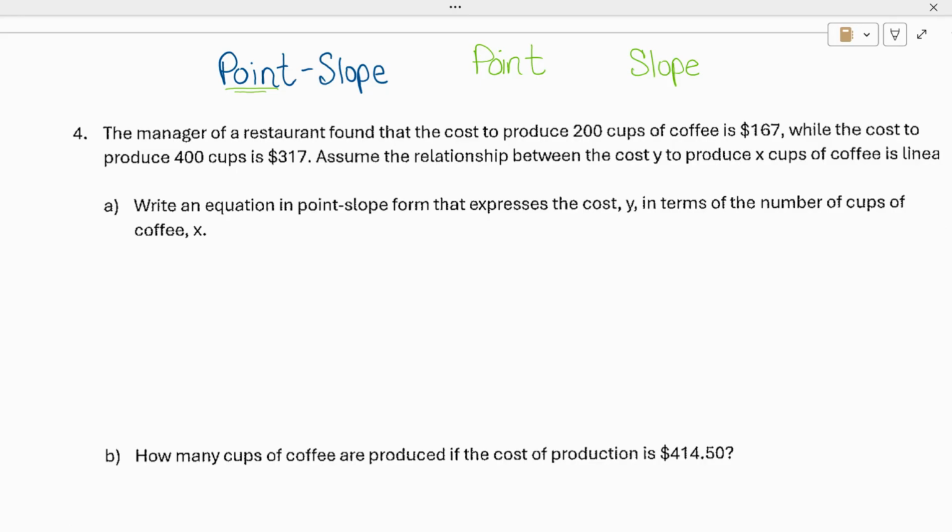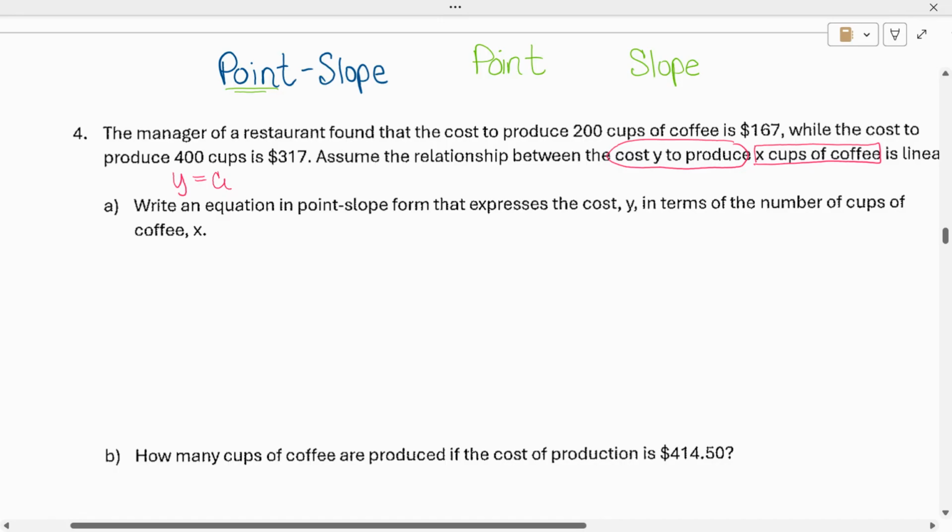Assume that the relationship between the cost to produce, that's Y, and X, the number of cups, is linear. So Y is the cost, and X is the number of cups. I got that right from the reading.